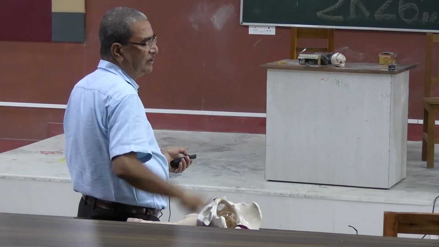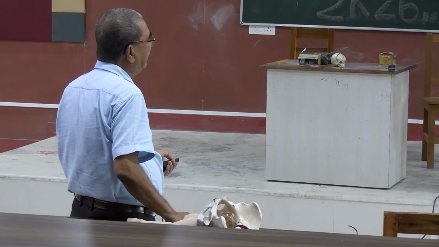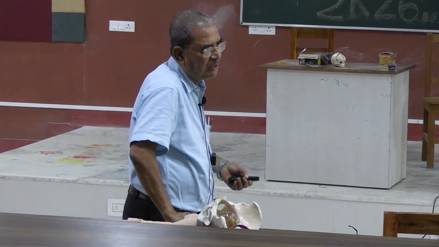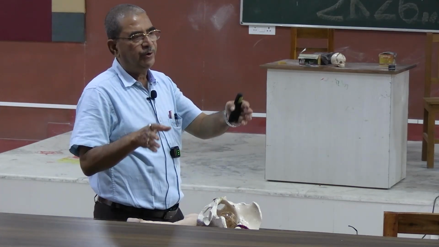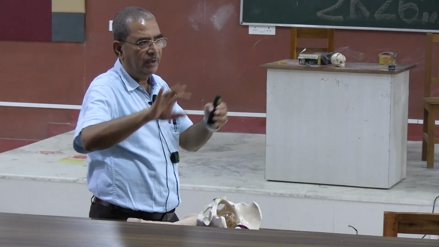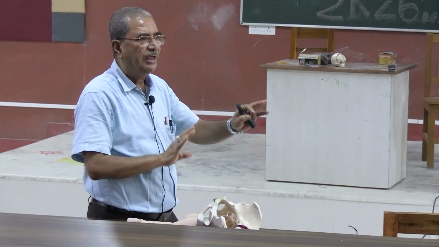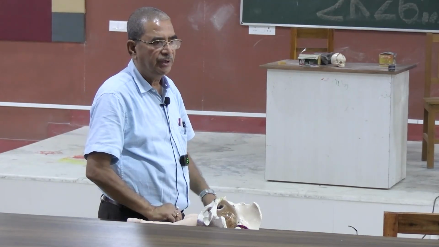First twin is delivered. In second twin, after internal podalic version. In case of internal podalic version, in twin delivery, first baby is delivered, vertex presentation delivered. Second baby is breech.